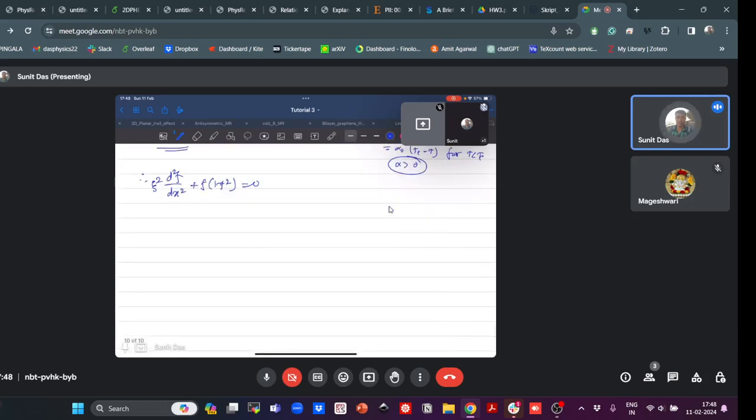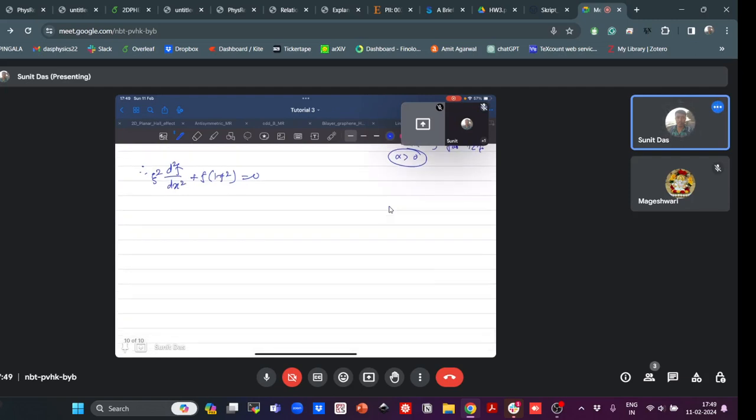Right, now we will define another quantity η equal to x by ξ. ξ has a dimension of length, so whenever we are replacing this η equal to x by ξ, we are essentially non-dimensionalizing the equation. So we will non-dimensionalize the equation, right?